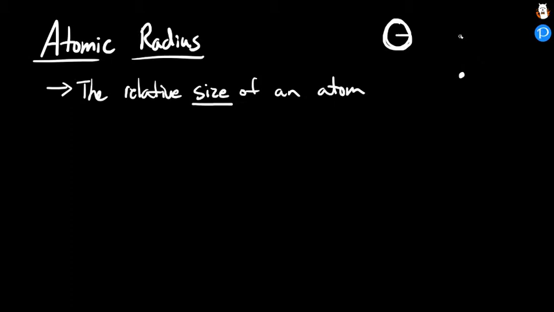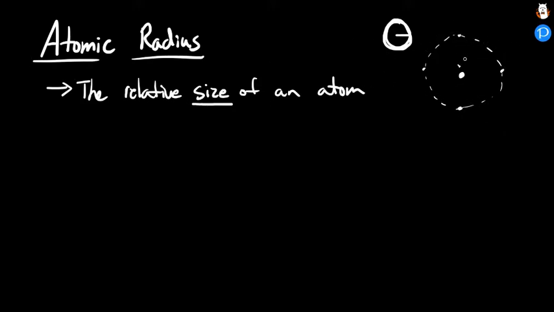It's more that very outer energy level, which, remember, is the probability of where an electron is. So the outer edge of this atom is those valence electrons out in the very last, highest energy level. That's how we think of the relative size of the atom.